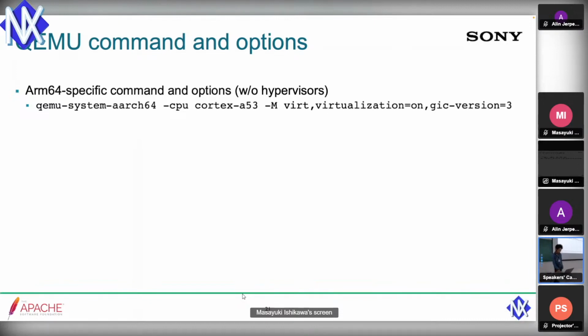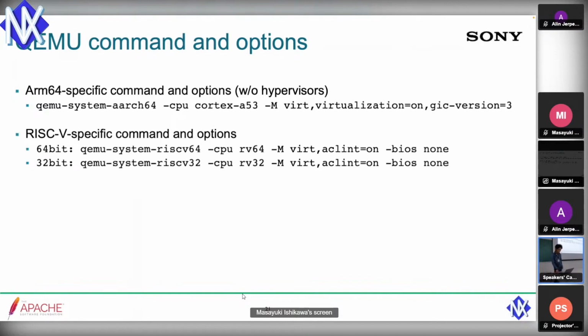The next one is RISC-V specific commands and options. For RISC-V, there are two kinds of QEMU commands. One is used for 64-bit and the other is 32-bit.